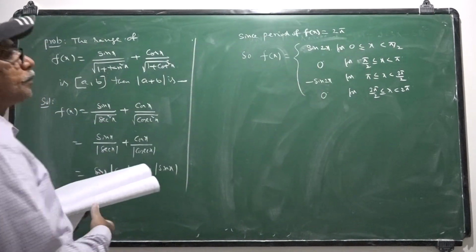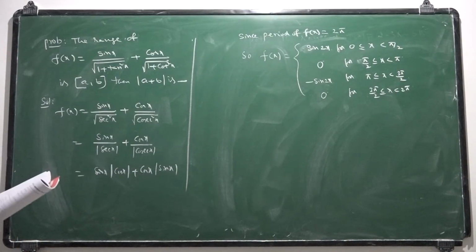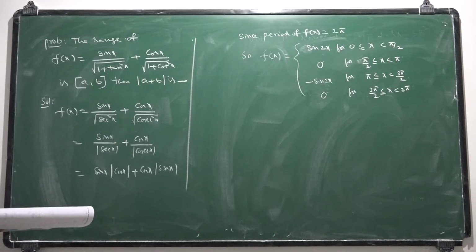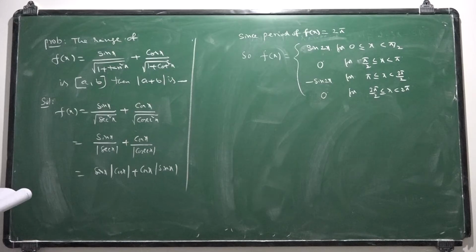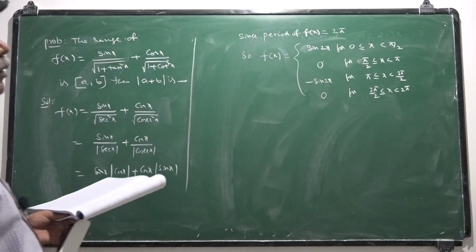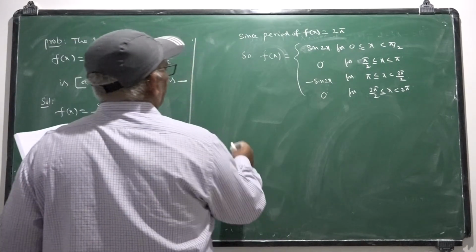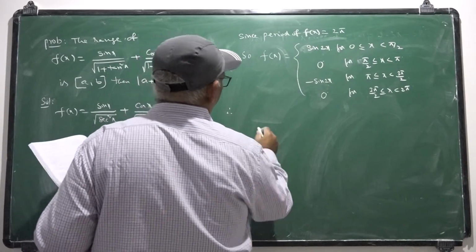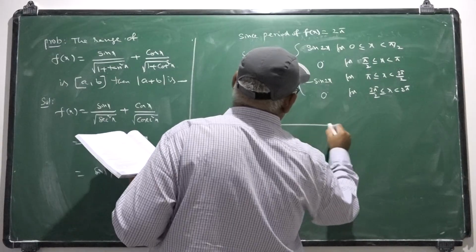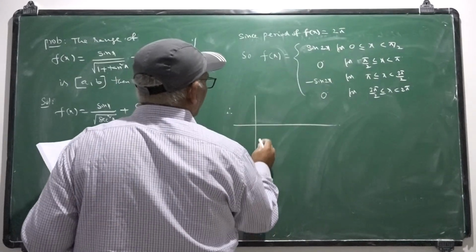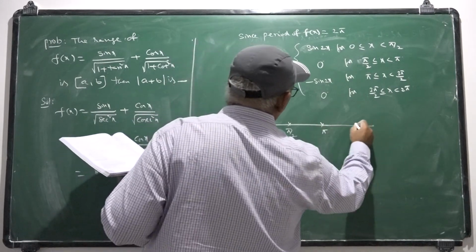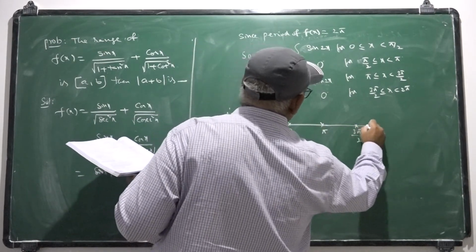f(x) takes sin 2x in the first and third quadrants, and in the second and fourth quadrants it takes 0 value. So the graph of the function is like this. 0, pi by 2, pi, 3 pi by 2, 2 pi.